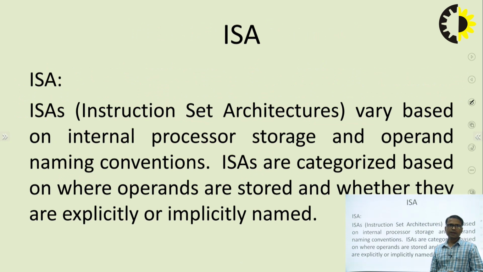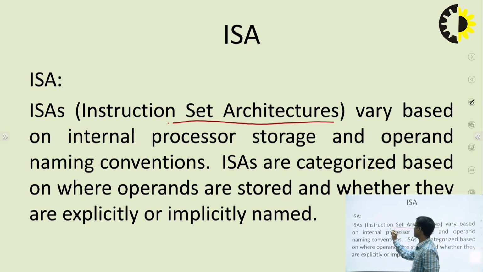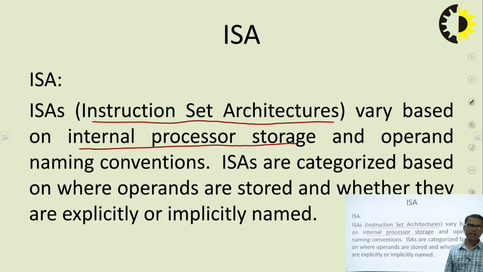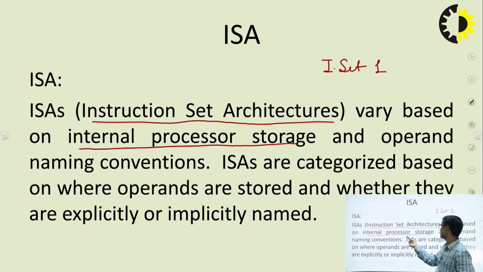Now, there is a very important term called ISA, instruction set architecture. This is an important terminology for students to understand, because it totally depends upon how the internal processor or storage and the naming convention are followed. Consider an instruction set computer 1: it will have different ways to store or refer to data, and different naming conventions.